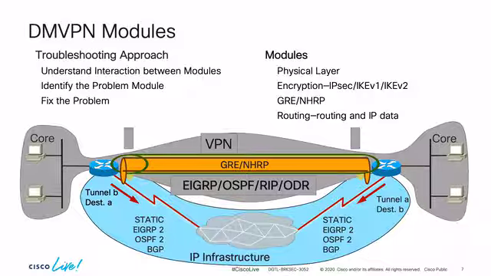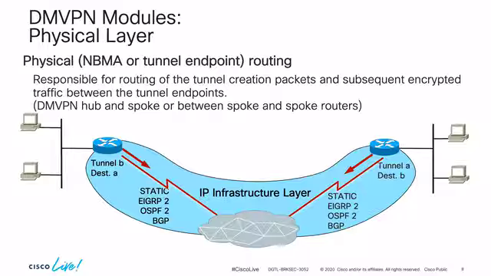Let's start off with our first module, which is the physical layer. This layer is responsible for transporting the tunnel creation packets and the subsequent encrypted and encapsulated data packets between the hub and the spokes and spoke to spoke.